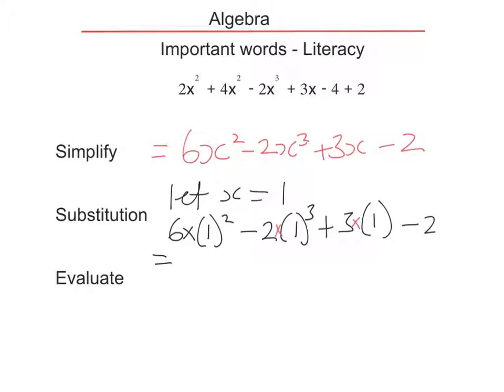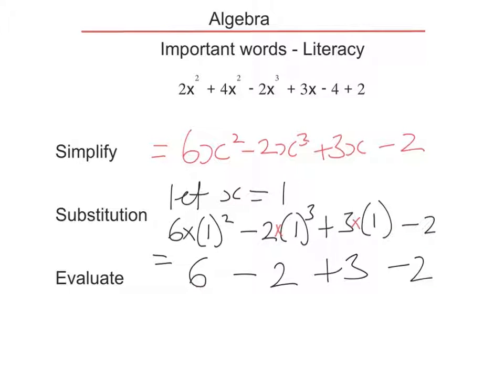So when you substitute, you then keep going until you can get an answer, which is what evaluate means. So I'm going to do 6 times 1 squared. Now 1 squared is 1, so 6 times 1 is 6. 1 cubed is 1. So minus 2 times 1 is minus 2. 3 times 1 is 3. And I've still got the minus 2 on the end. So let's have a look.